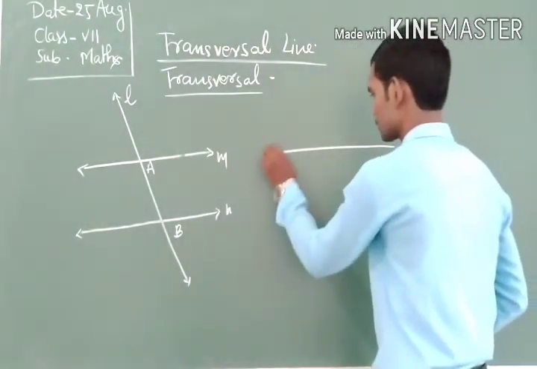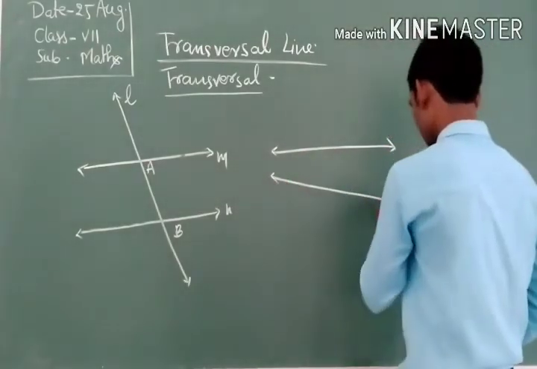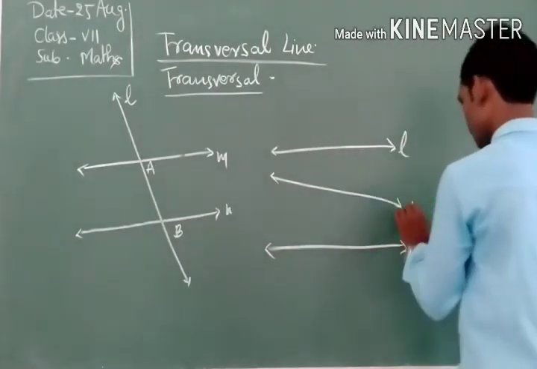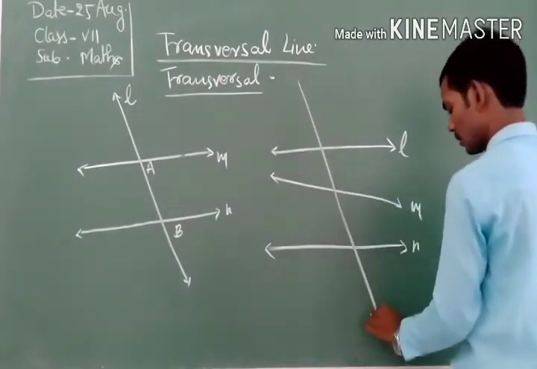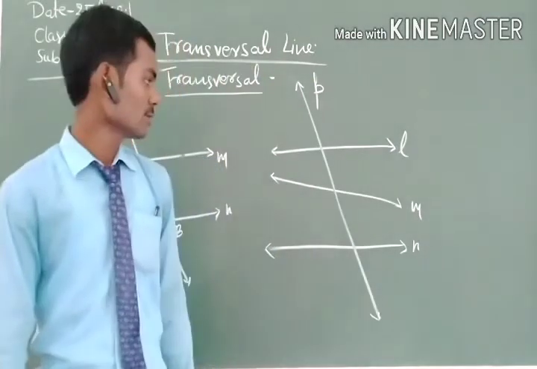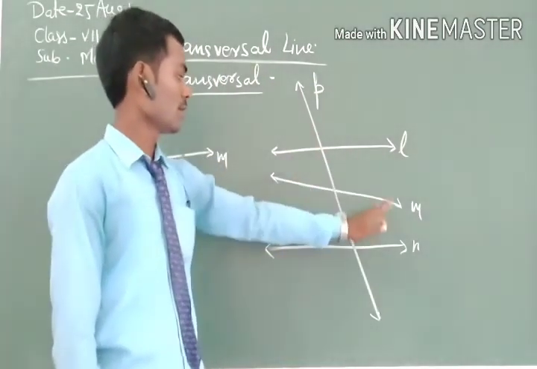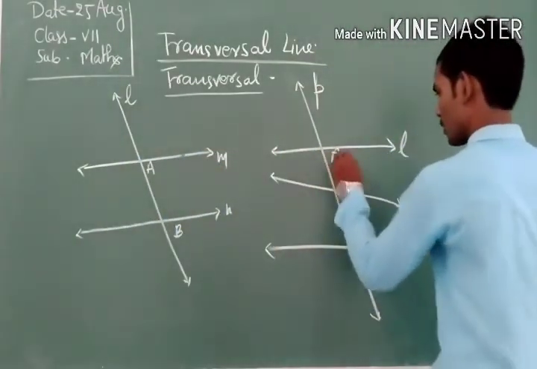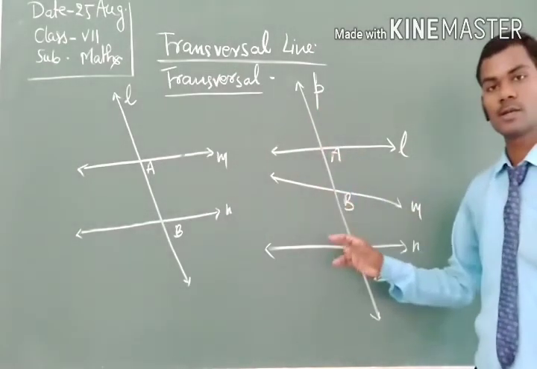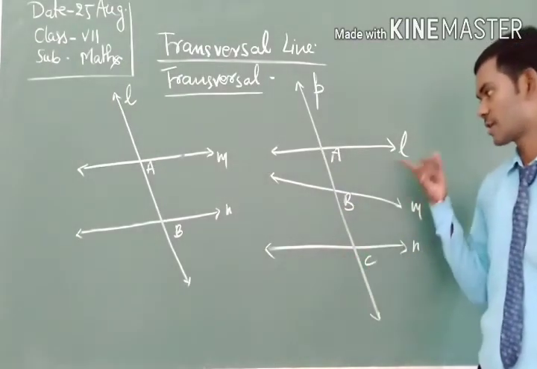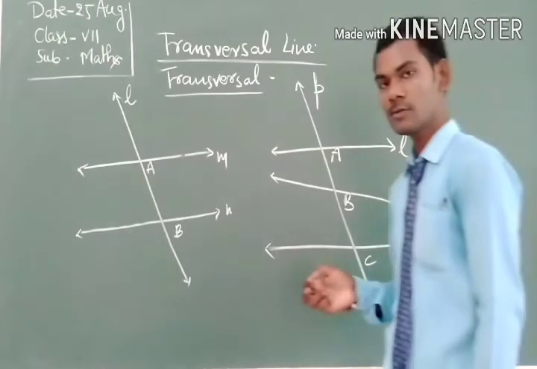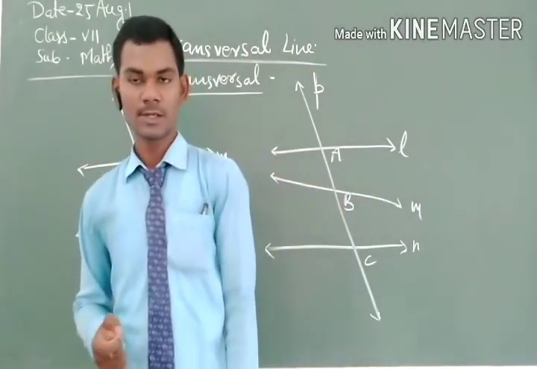Here we can see lines L, M, N and a line P. The line P also intersects the lines L, M, N at the points A, B, C, so the line P is known as the transversal line which intersects the lines L, M, N at the points A, B and C. So it is known as the transversal line.